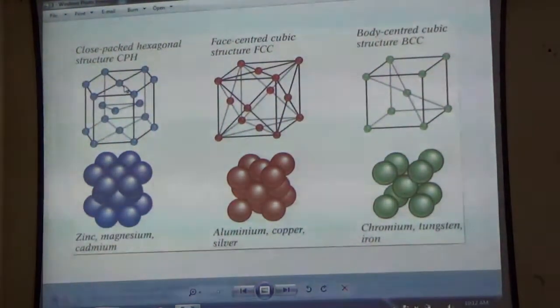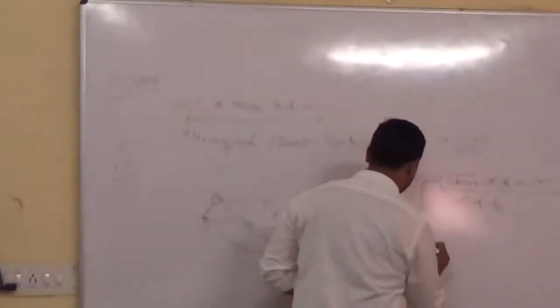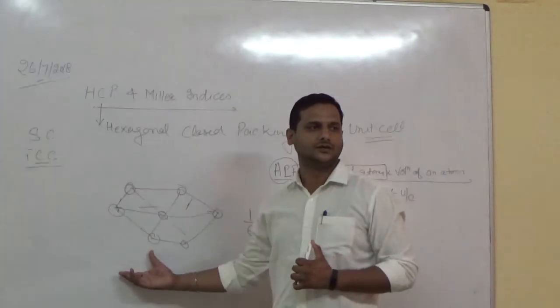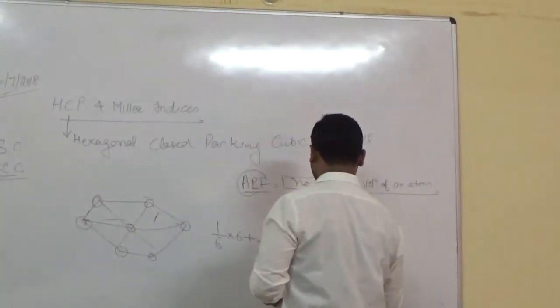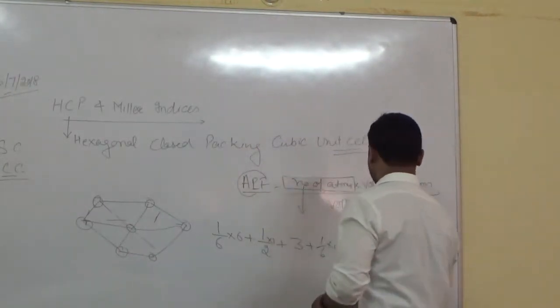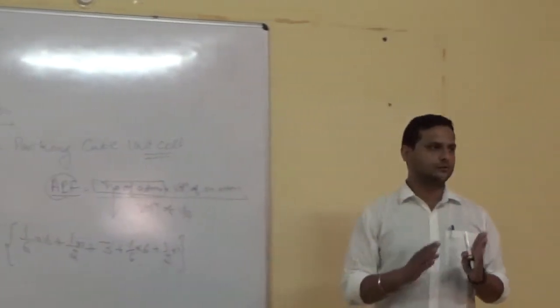So we have to add these 3 also. Plus again for the upper base, the same procedure proceeds, that is 1 by 6 into 6 plus 1 by 2 into 1. This is a very important step to calculate the number of atoms.